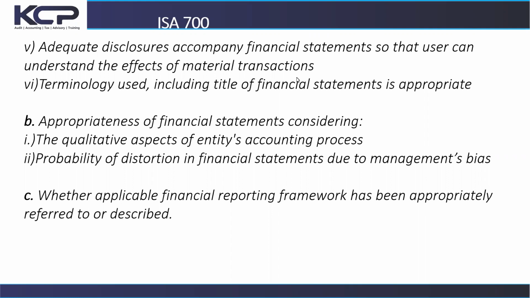It is one thing for you to have prepared your financial statement in line with the framework. It's another thing for you to have referenced it appropriately. There is a section in the financial statement where you will say, these financial statements have been prepared in line with the appropriate standards, say IFRS and the likes.